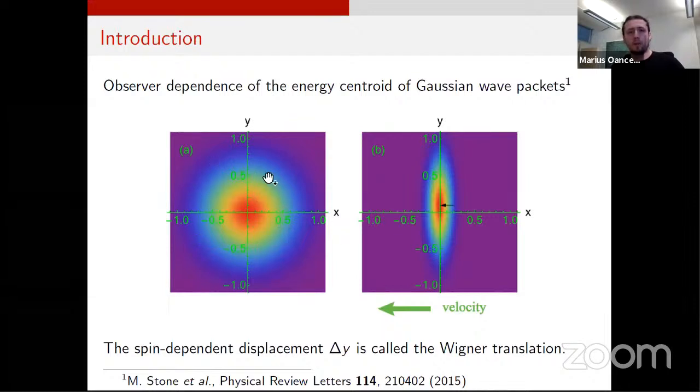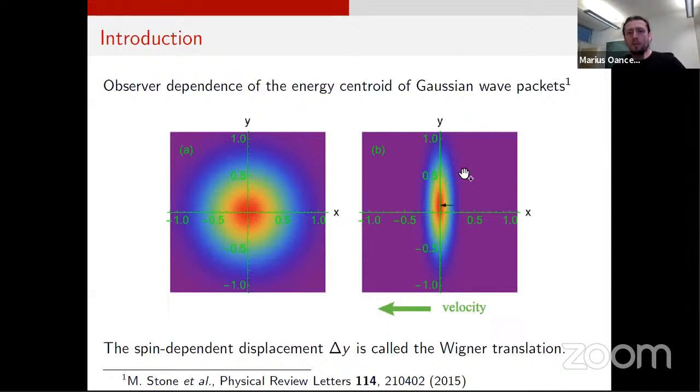Here, what we see on the left is the 0,0 component of the energy momentum tensor for such a circularly polarized Gaussian beam propagating in the Z direction, as seen by one observer. So we see that it is perfectly symmetric in this case, and the energy centroid will be at the center of the XY plane. And now the question is, what happens when we boost this observer along the x-axis?